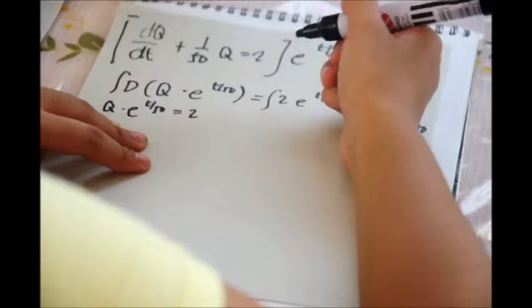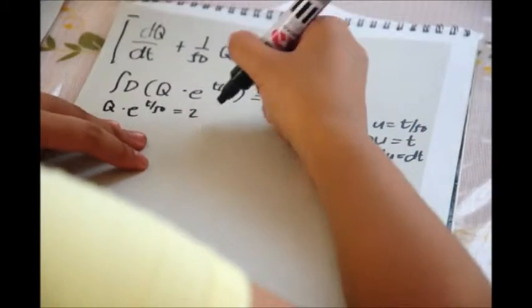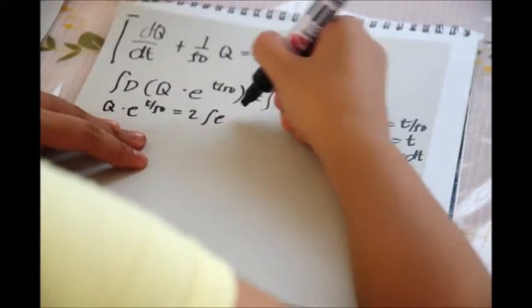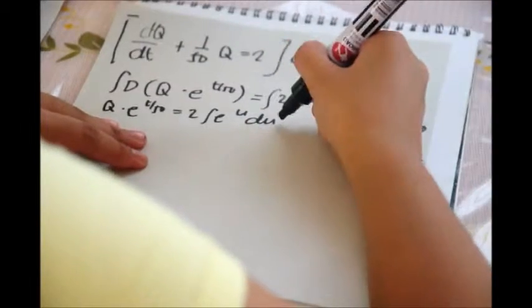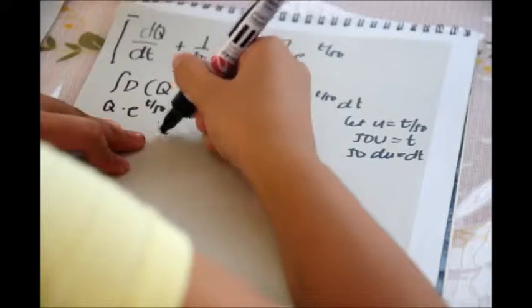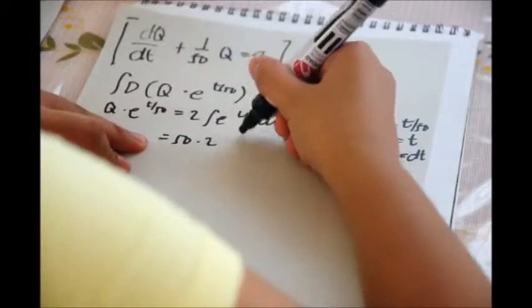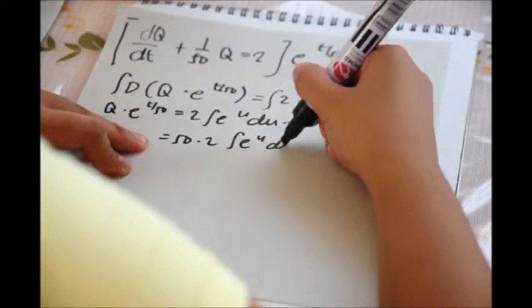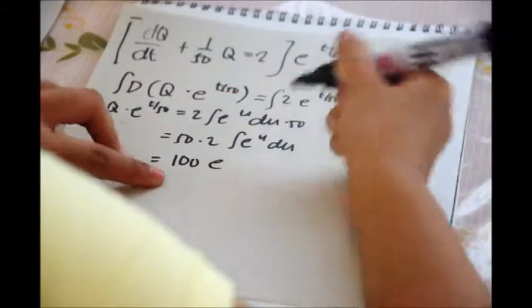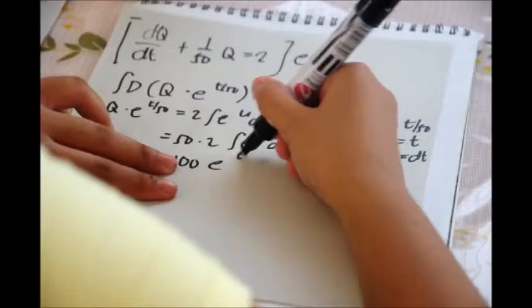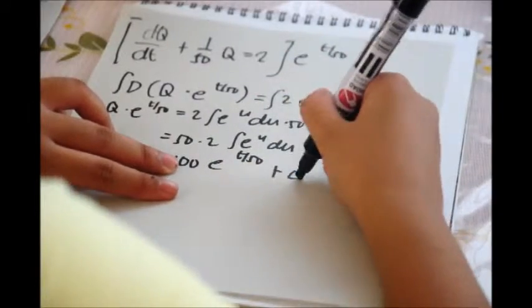Let the 2 out of the integral term, then e^u du times 50. So it becomes 50 times 2 e^u du, so 100 e to the u, substituting the u, e to the t over 50, plus C.